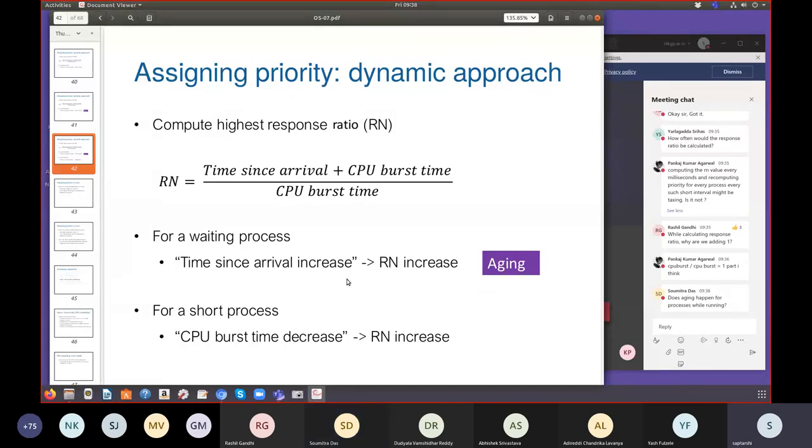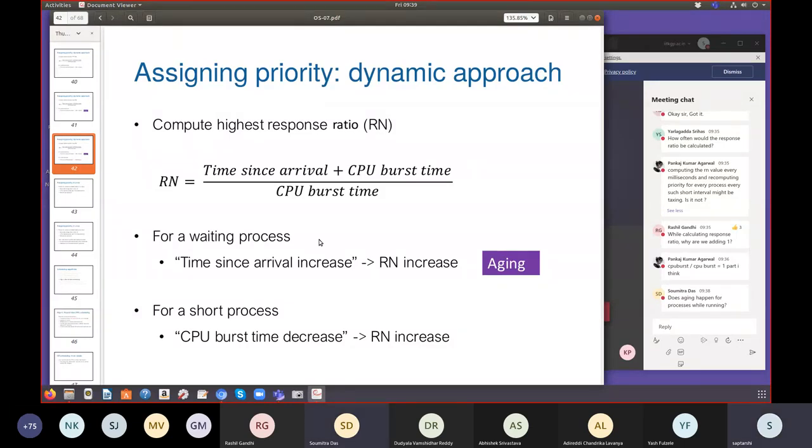Sorry, I did not get the question again. Sir, time since arrival includes the running time, so it increases, but what's your question? Sir, this is also a type of aging, right? Because this is running in the CPU, so it is not only for waiting processes.